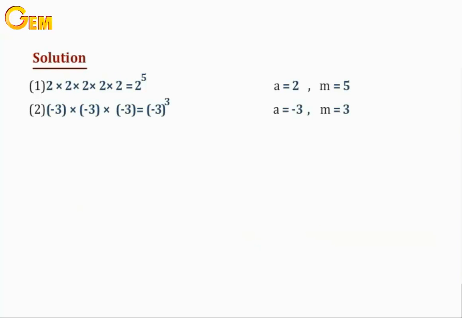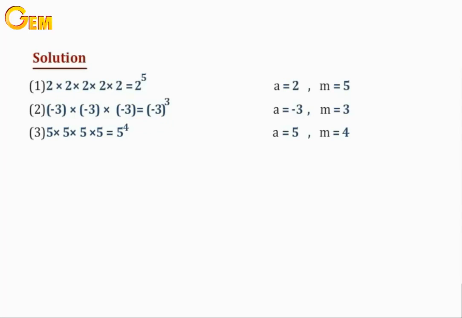Solution: number 1 equals 2 to the power 5, where a equals 2 and m equals 5. Number 2 equals negative 3 to the power 3, where a equals negative 3 and m equals 3.